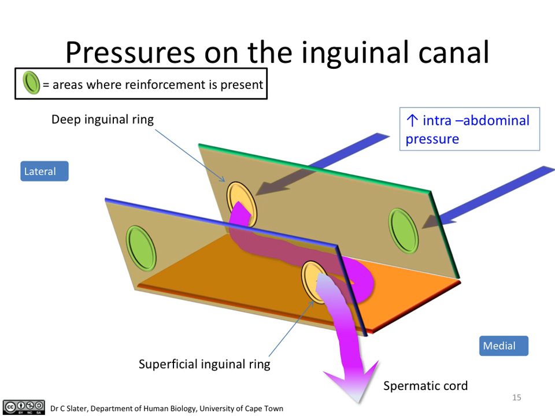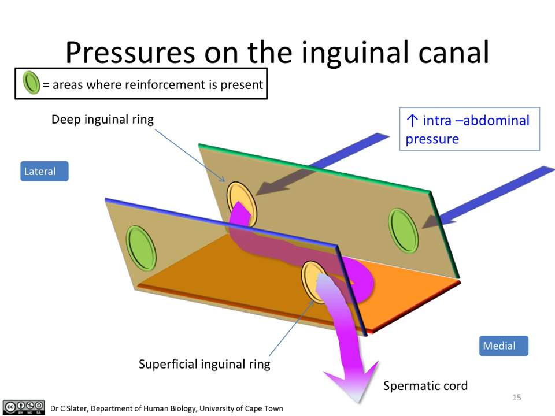Now remember that the purpose of the inguinal canal is to allow structures that run through the spermatic cord to leave the abdominal cavity and enter the scrotum, at the same time preventing other mobile structures within the abdominal cavity from doing the same.